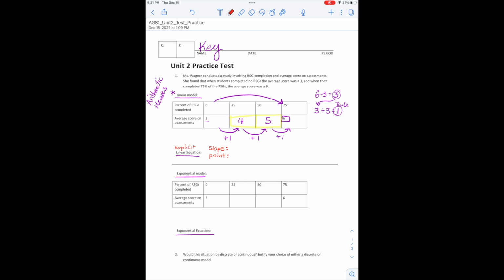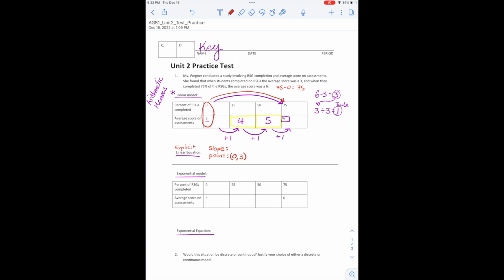Well, the point's easy. We can find the point by taking any pair, the 0, 3, for example. The slope's where it gets more tricky. We have to decide based on our whole jump from 0 to 75, how far was that? And I can do that by taking 75 minus 0, which equals 75.